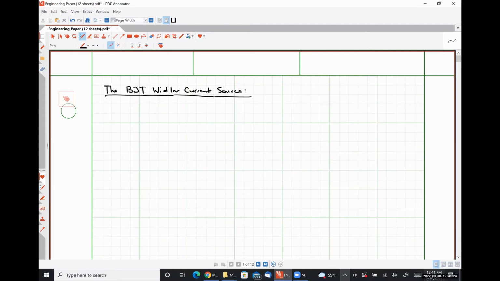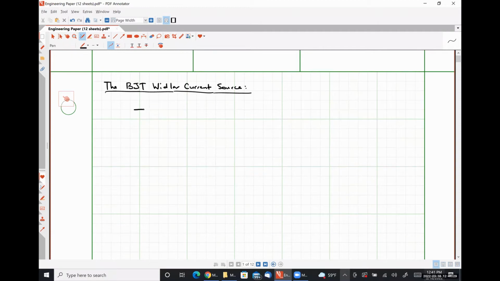So the Widlar current source looks like this. We have our reference current, Iref.